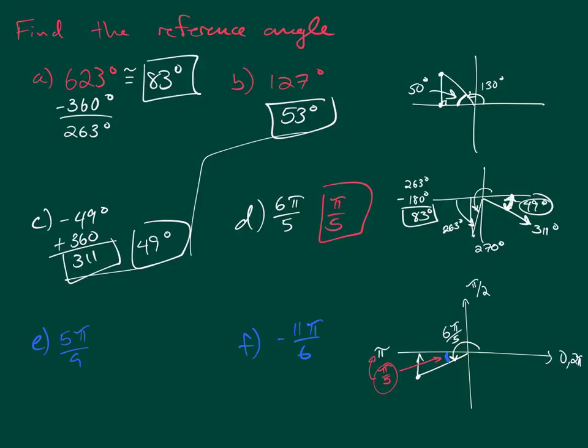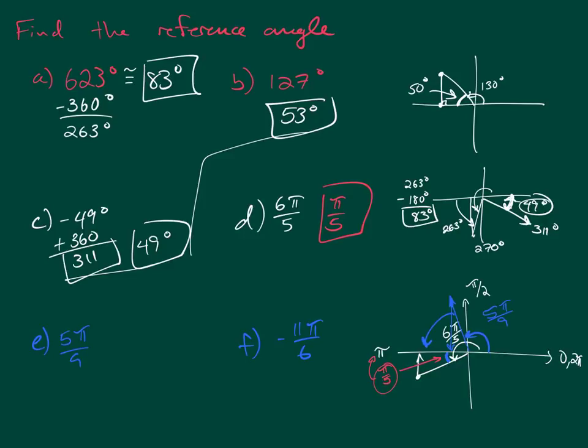All right, for these last two, 5 pi over 9 is about right there. If you draw back to the x-axis, we need to figure out how much more pi we need there to have a whole pi. So this is 5 pi over 9.